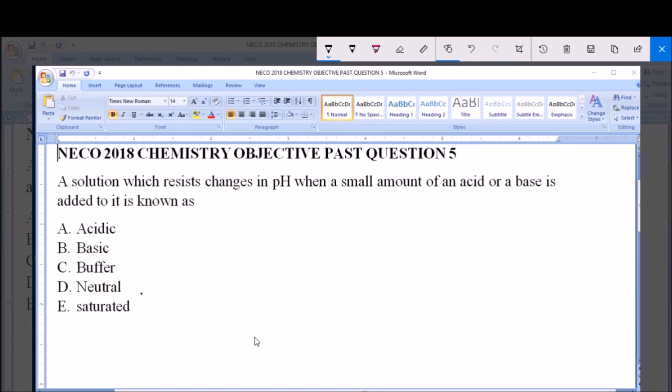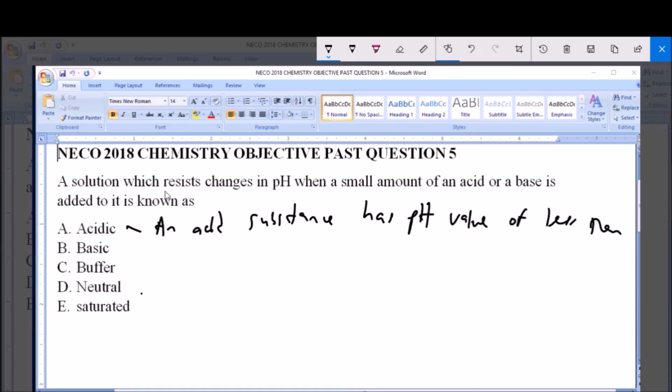So let's look at the meanings of each of the options and see which one best fits into this description given to us as the question. Now, option A, which says acidic. An acidic substance is a substance that has a pH value of less than 7.